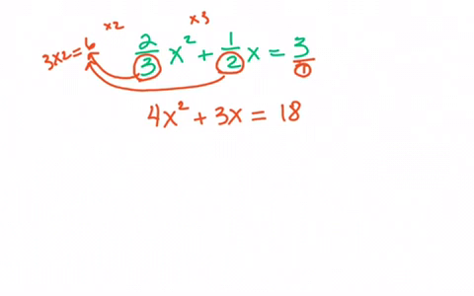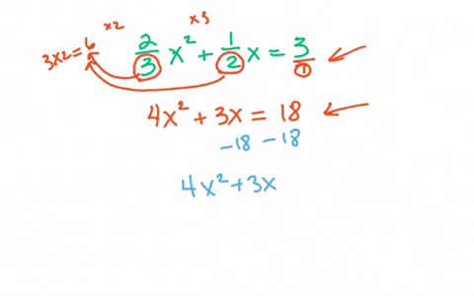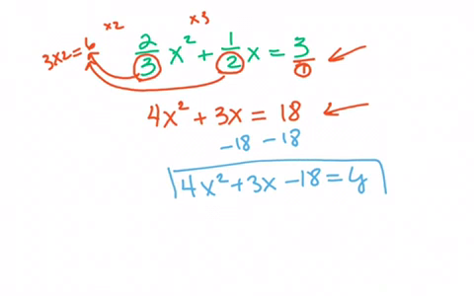All right, I don't know if you recognize this, but that equation and that equation are exactly the same. The exact same. Now, but it's not in standard form yet because I have to bring over the 18. So minus 18 on both sides. And now I have 4x squared plus 3x minus 18 equals y. And there's my standard form.